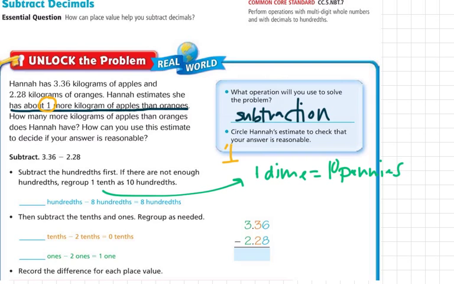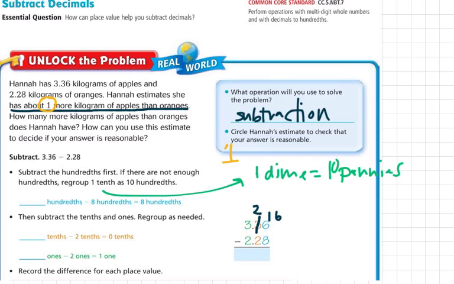So what we're going to do here is regroup. Because we can't do 6 minus 8 hundredths, we are going to take 1 tenth and then write down 16.